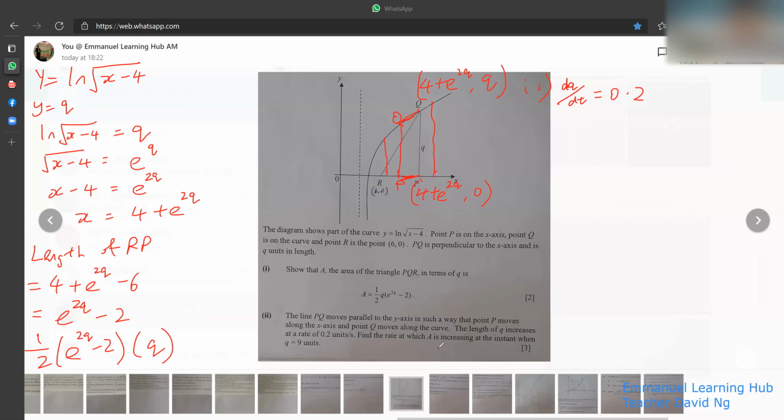Find the rate at which A is increasing at the instant when q equals 9 units. So your A is equal to half q times e to the power of 2q minus 2. Then your dA/dq will be equal to this one, right? Your A, right?